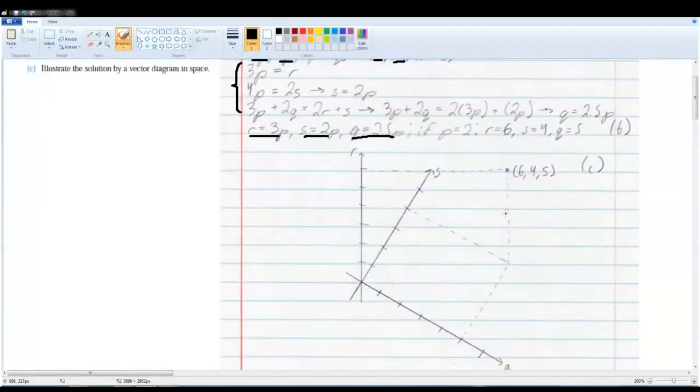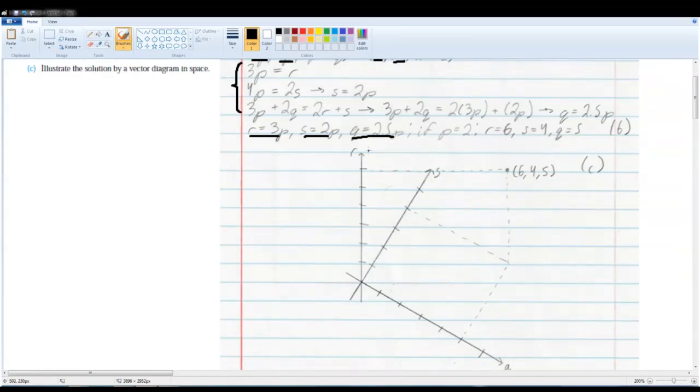And then it asks to draw it in space, and I kind of tried my best. It's still bad though, but because I solved by plugging in p, I consider that sort of as not part of the diagram.